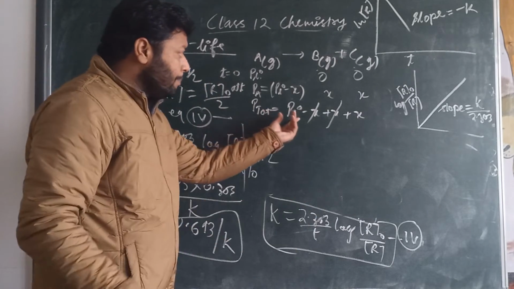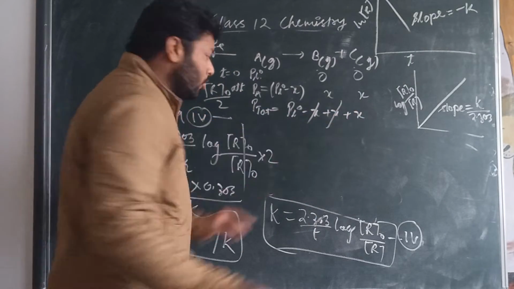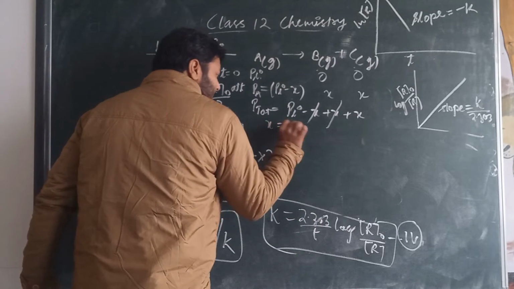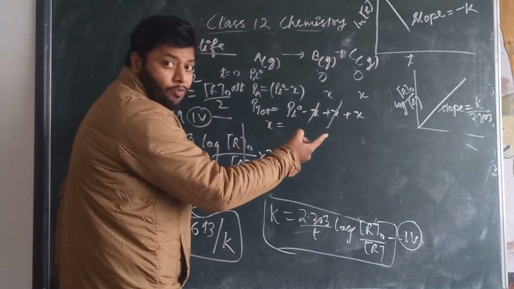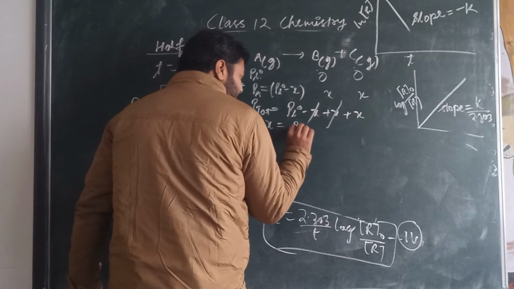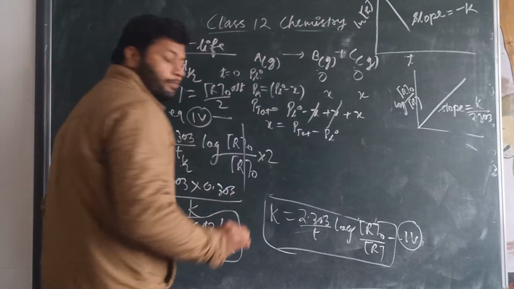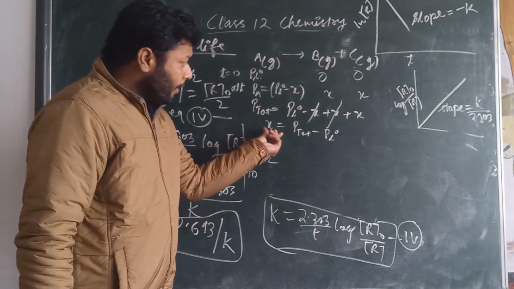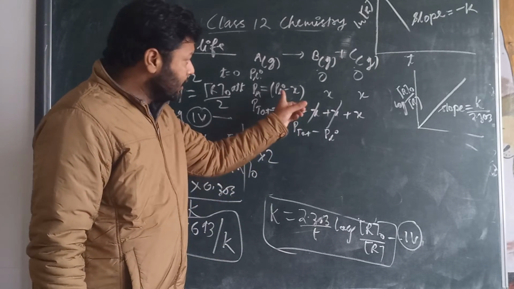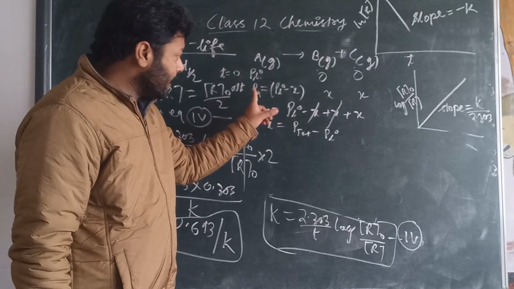Now we have P total equals Pi plus X. So on calculating the value of X, it becomes X equals P total minus Pi.